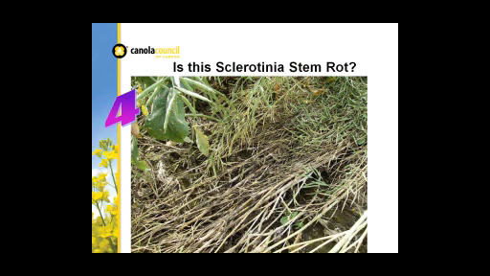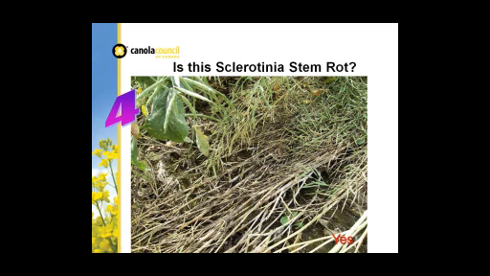Fourth image, is this one sclerotinia? I could probably hear you out there yelling. The answer is yes. This is what sclerotinia can look like when you have lodging occurring in your crop. And this is one of the keys to successfully avoiding sclerotinia: having a canola variety or a crop that does not lodge, because when it lodges, you create a really humid microenvironment that allows the fungus to grow along one particular branch.